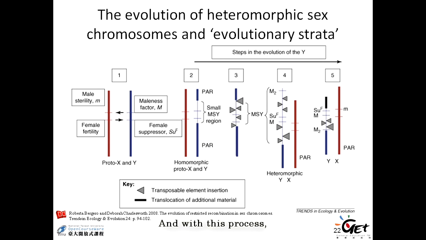With this process, the number of genes also reduces on the Y chromosome, and we'll see some of the possible mechanisms of Y degeneration in later slides. So in this process, they illustrate our hypothesis on how the Y chromosome becomes degenerate, and also explain the divergence between the X and Y chromosomes.